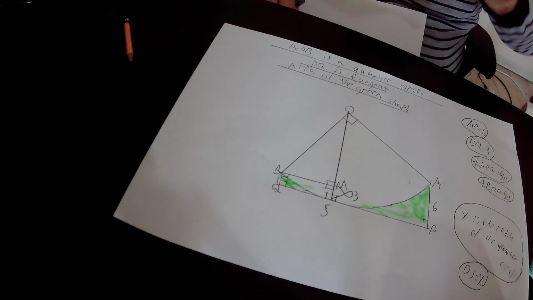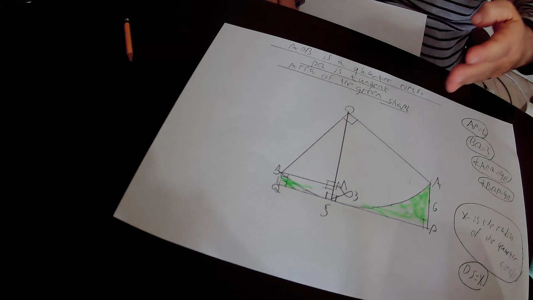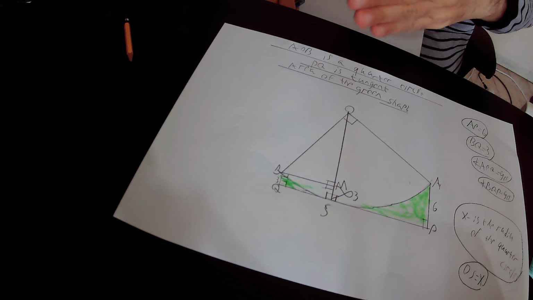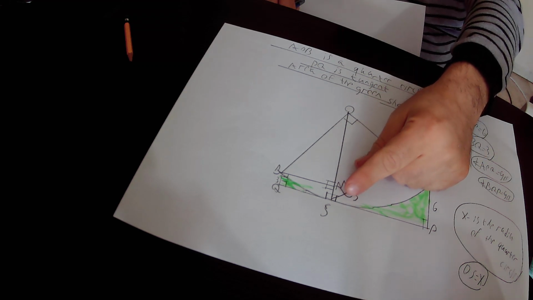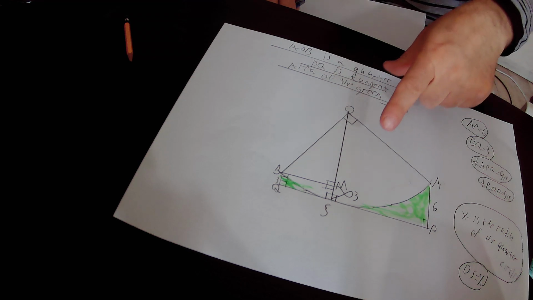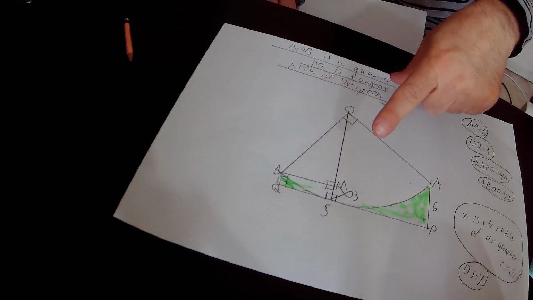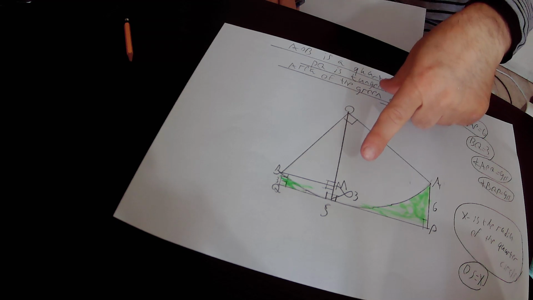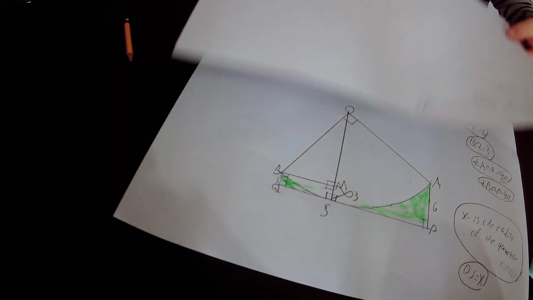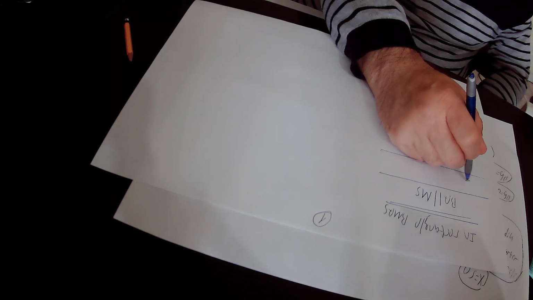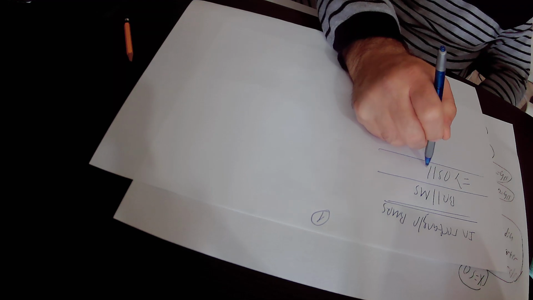So if part of a straight line is parallel to another straight line, then the straight line itself must also be parallel to the other straight line. Here, part of the straight line OS, that is MS, is parallel to BQ. Therefore, the straight line OS itself must also be parallel to BQ. So I'll write it down.